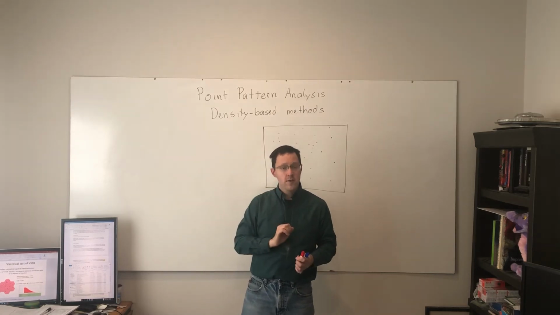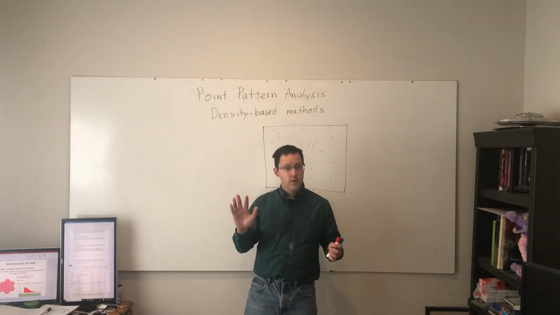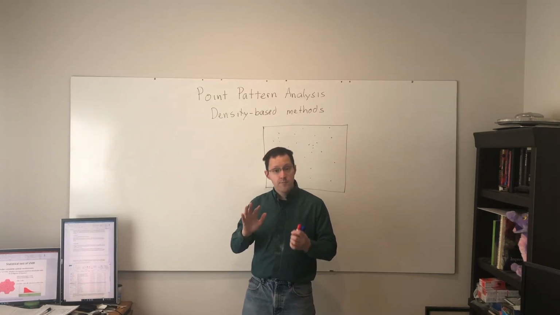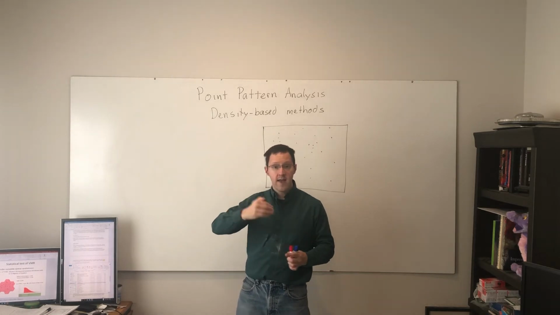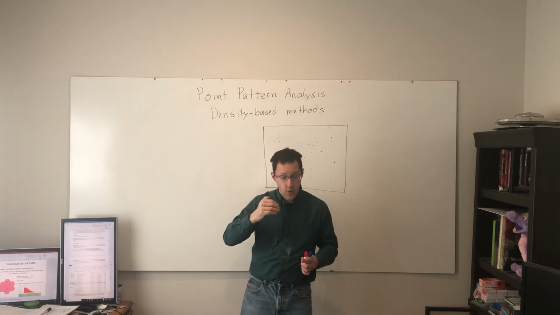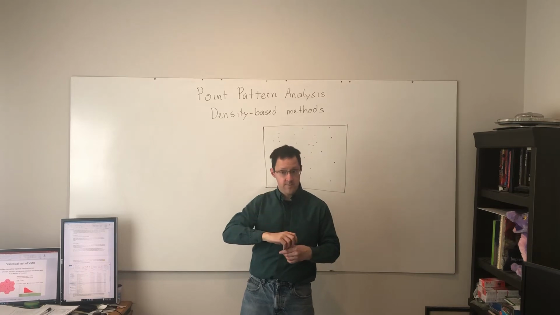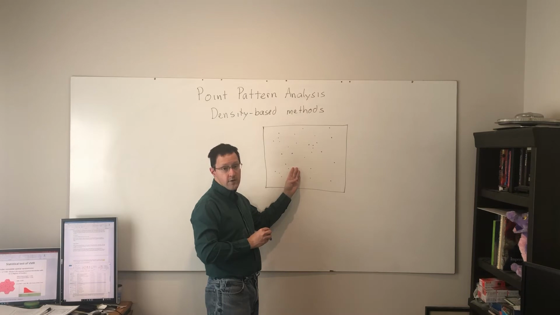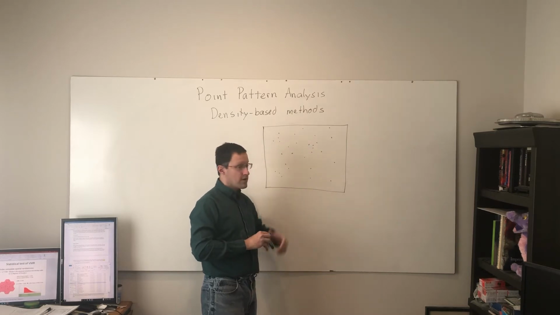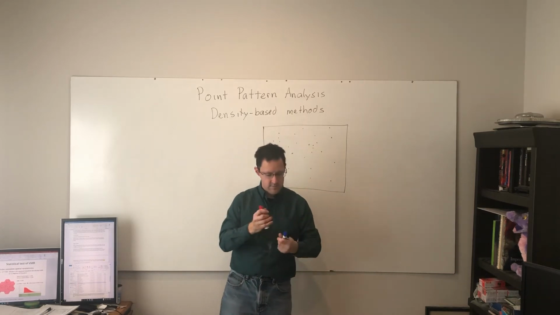This video will look at two approaches using that idea, and they both build upon this idea of a quadrat-based idea. So I have here my point patterns in a very generic rectangular study area.